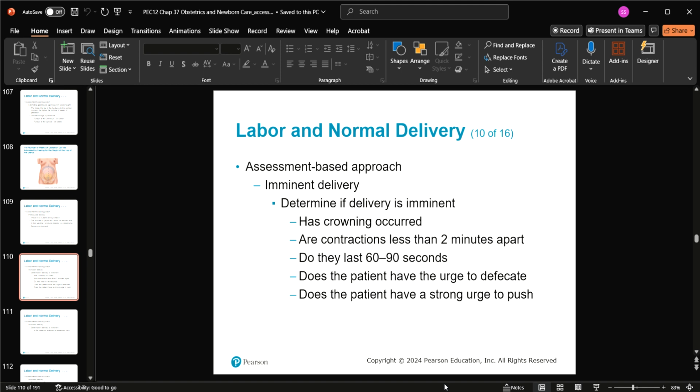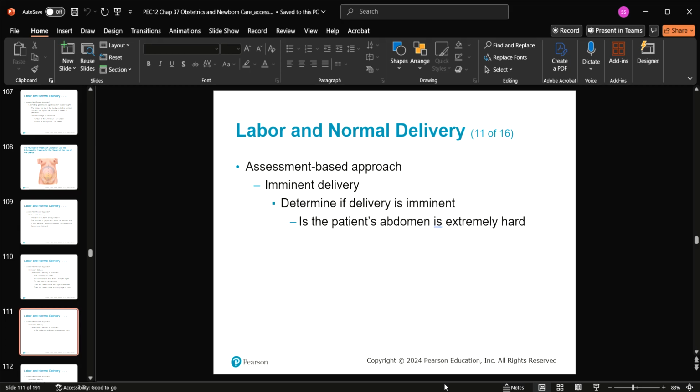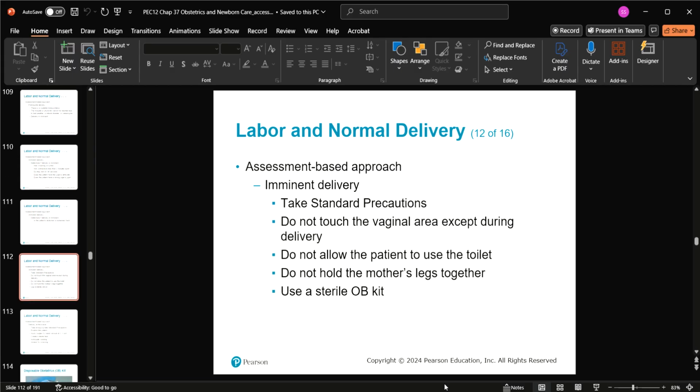They feel like they have to go to the bathroom, and FYI, the patient likely will go to the bathroom during the delivery. So make sure that you have something down under the patient to catch all that. If the abdomen is very hard and rigid, that's another sign of imminent delivery.